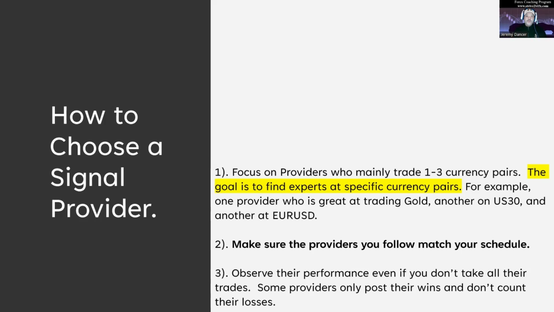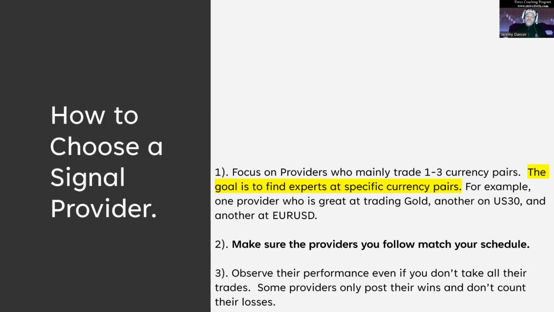Another thing with signal providers, this happens a lot. Some people will only count their winning trades. So they're sharing and showing, oh, I just made 1,000 pips this week, but they lost 2,000 pips that week. They're not saying everything. And then you have some providers who will change the trade. Like, they might give a signal on buying Euro US dollar, for example. And then they realize, oh, wait, it was a bad signal.